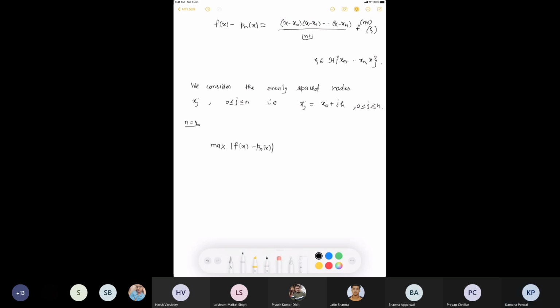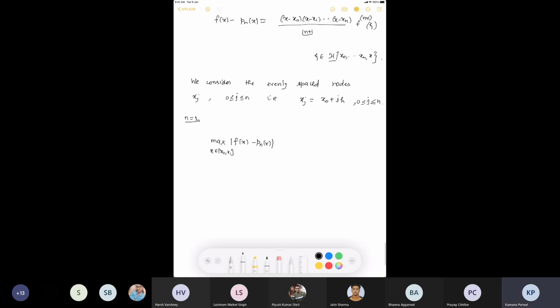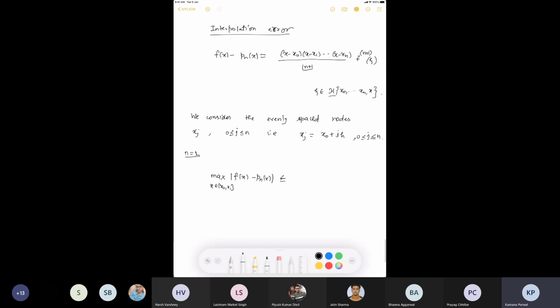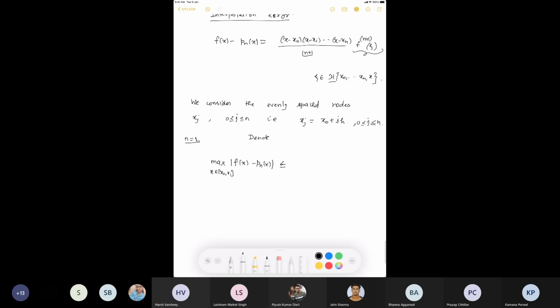If we take the maximum of the interpolation error over the interval, which is going to be x0, x1 in this case, it will be less than or equal to, so let me denote the maximum of this quantity by some factor, let's take C_{n+1}, the maximum of t in the interval, let's call this interval I.